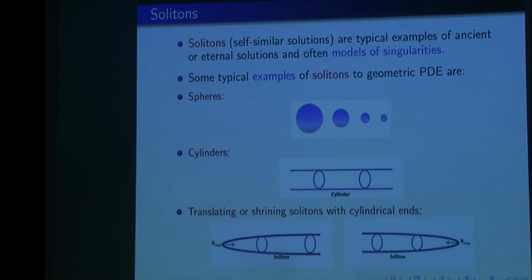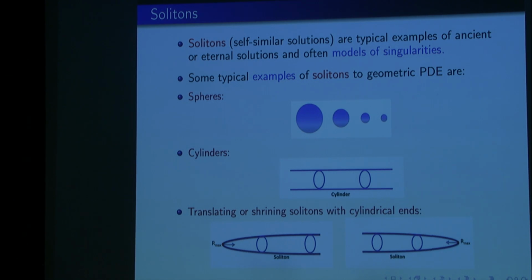Now, in these geometric flows, usually there are some typical solutions that appear as ancient solutions. And these are very important objects because usually complicated singularities at different points look like those simpler models of solutions.